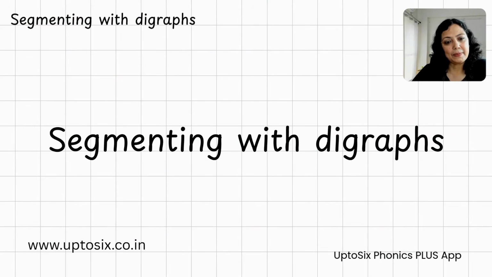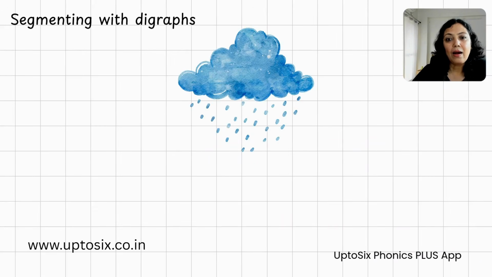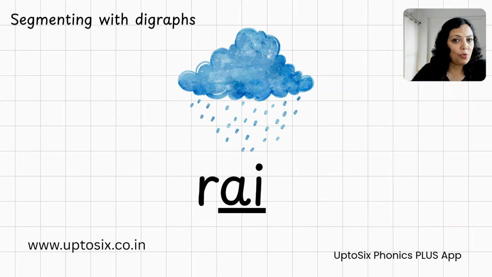Segmenting with digraphs. Same as segmenting with single sounds, like rain. How many sounds are there? R, A, N. Three sounds, just write them. We have to be careful while writing the digraph A, and then ask children to read the word: R, A, N, rain.